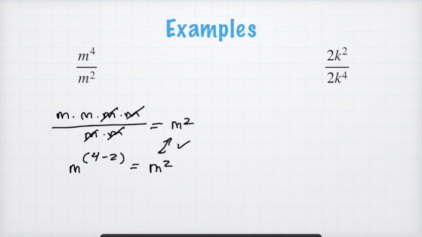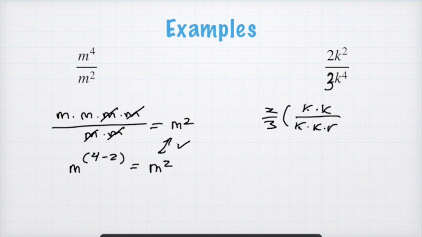Oh, this one, I probably shouldn't put that 2 in there, so let's call it a 3 because that'll make life more fun. Our 2/3, so remember these guys are our coefficients, so we're not going to deal with them. They're not being raised to a power, so that's okay. So we could just leave it as 2/3, and then multiply it out by k times k all over k times k times k times k.